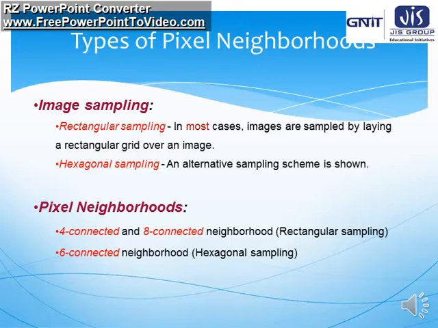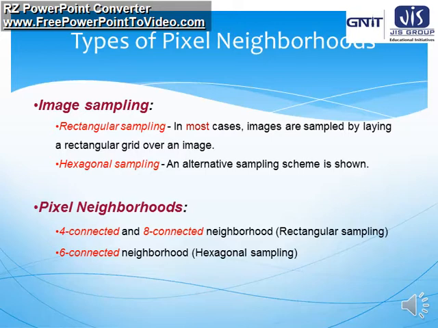Three types of pixel neighborhoods can be seen here: one is 4 connected, another is 8 connected, another is 6 connected. For hexagonal sampling we should use the 6 connected neighborhood, but in case of rectangular sampling we may use either 4 connected or 8 connected.